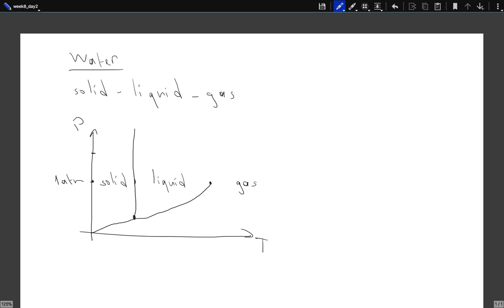Well, just take a closed container filled with liquid, particles are everywhere.